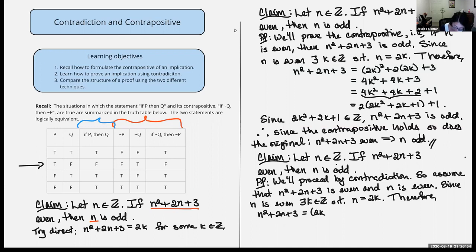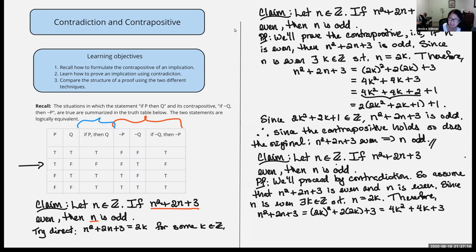We get 2k quantity squared, plus 2 times 2k, plus 3. I'm running out of room, so I'm going to write horizontally a little more than I would otherwise. And this is 4k squared plus 4k plus 3.